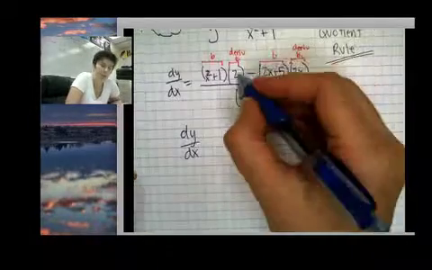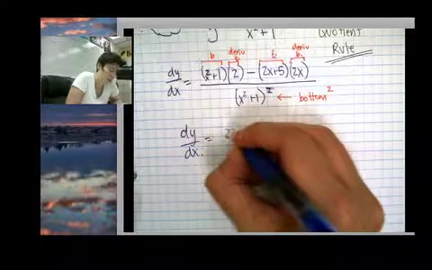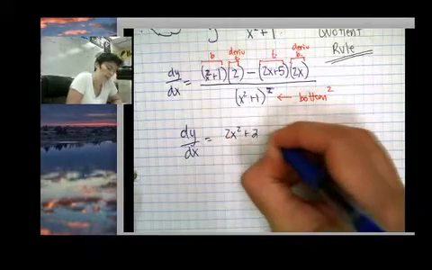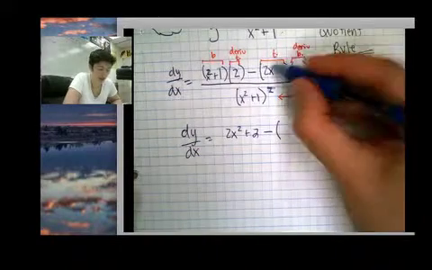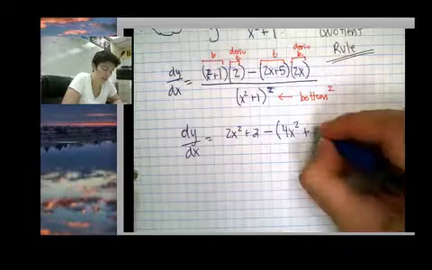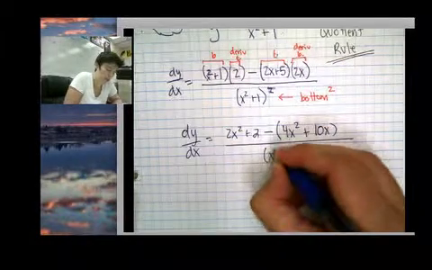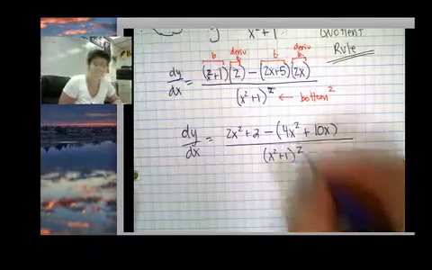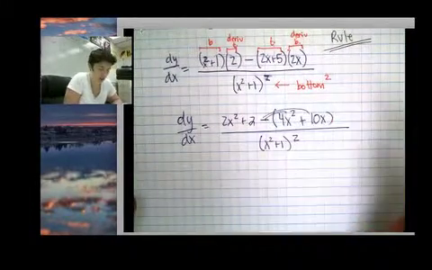The top I'm going to multiply the 2 in, so I'm going to have 2x squared plus 2 minus parenthesis, and then multiply the 2x in. So 2 times 2 is 4x squared. 2 times 5 is 10x. All over the bottom squared. x squared plus 1 squared. And then if you want to keep going, take the negative sign, distribute it in, and combine some things.